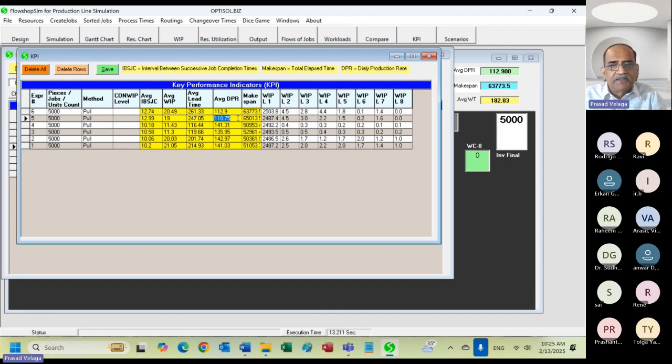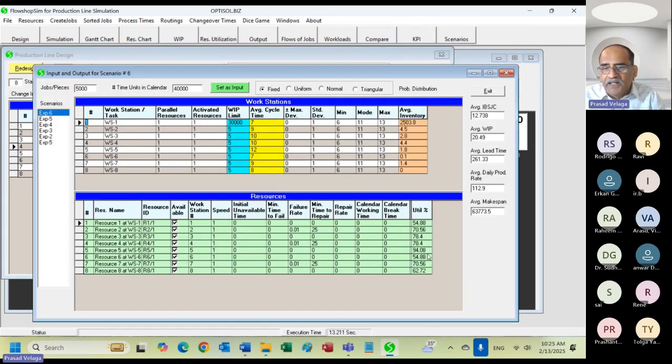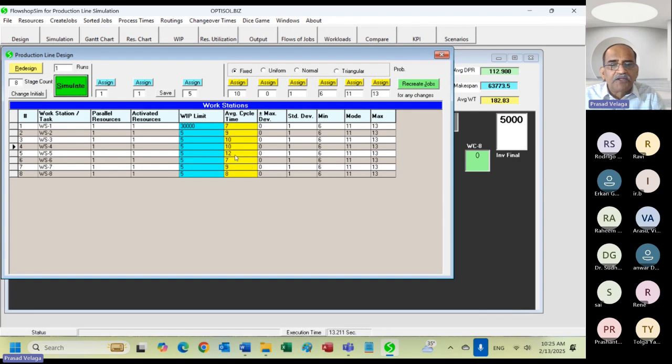Only that. I'm not happy. Now let us look at this scenario. The fifth workstation is apparently very busy, so I want to reduce this also by 20%. I make it 10. So even at the fifth workstation, with some effort, I am reducing the cycle time by 20%, from 12 to 10.